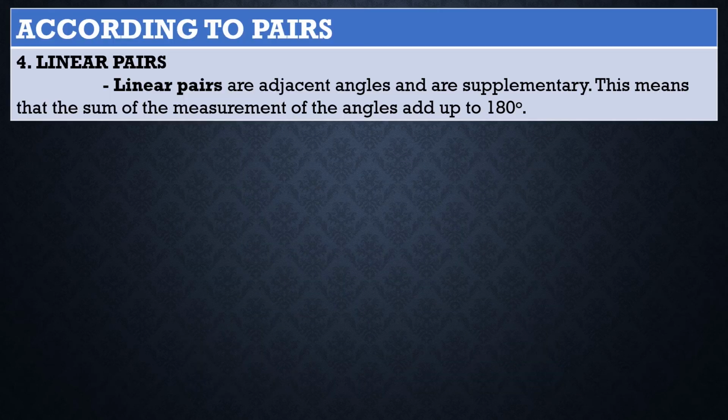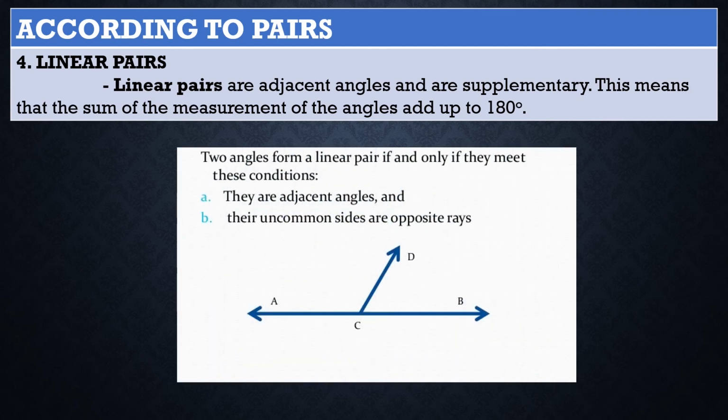The fourth angle pair is the linear pair or linear pairs. Linear pairs are adjacent angles and are supplementary. This means that the sum of the measurement of the angles add up to 180 degrees. So yung linear pair, mako-consider pa rin natin siya na adjacent angles kasi nga meron silang common vertex.